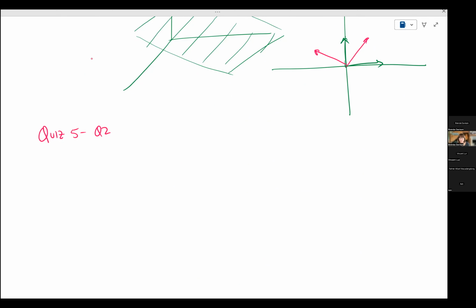Actually, I've posted the solutions for that quiz, so let me take a quick look and see what I want to say about that. And then I'll come back to some of the other questions. The solutions are posted, so that should help if you don't get enough out of this. I'm just getting the question up in front of me. Oh, shoot, where did it go? Quiz on file, just a sec.